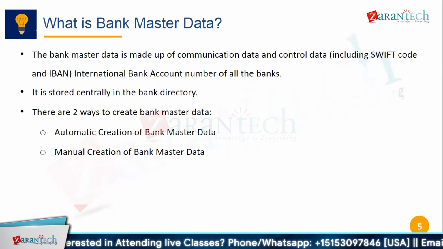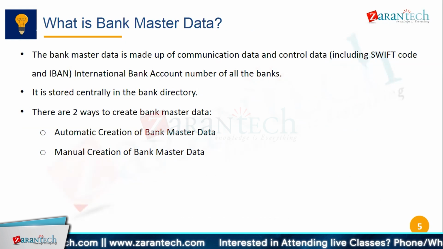So when you look at master data in bank accounting, you're looking at two areas. One is in the sub-application area, which is a bank like Wells Fargo Bank or HSBC Bank or State Bank of India. What is their master data? It is the name of the bank, the address of the bank, the SWIFT code of the bank, the IBAN number.